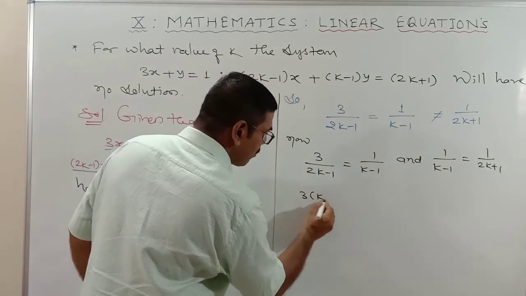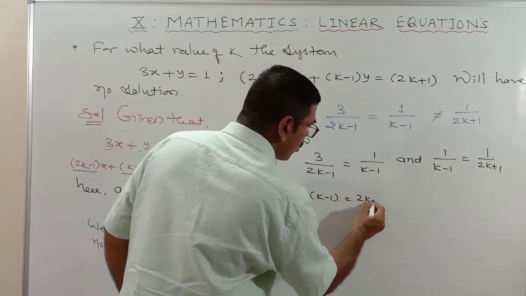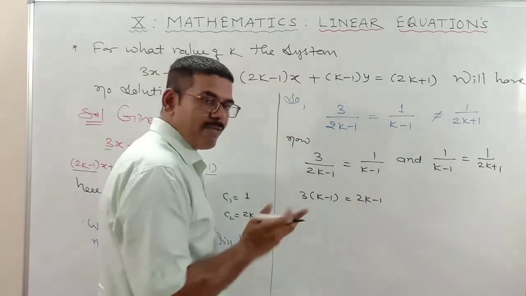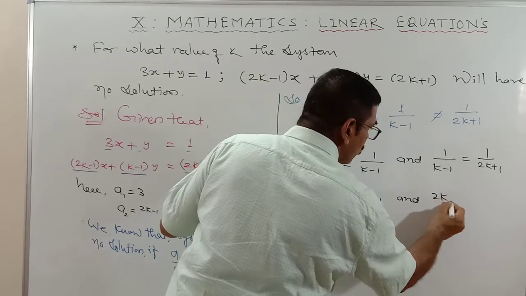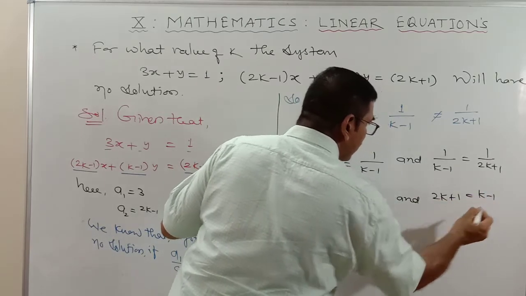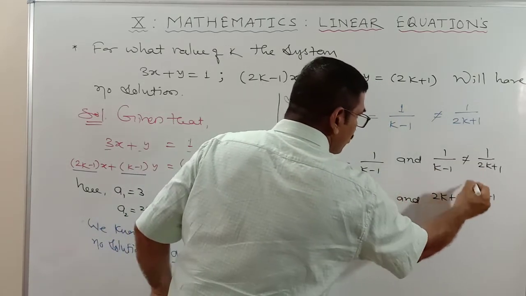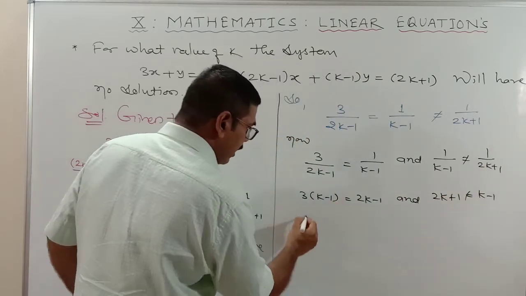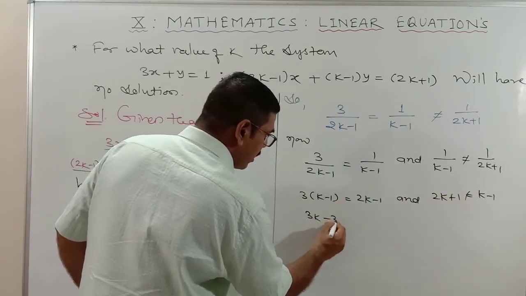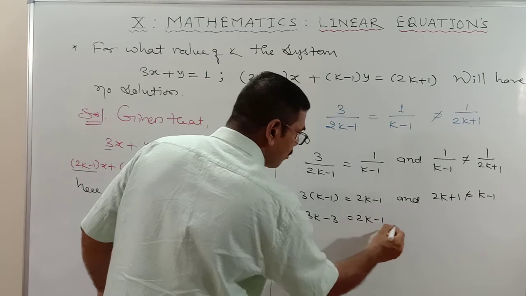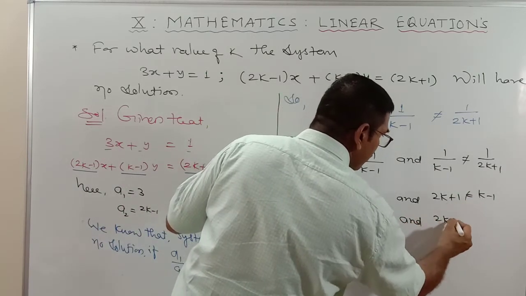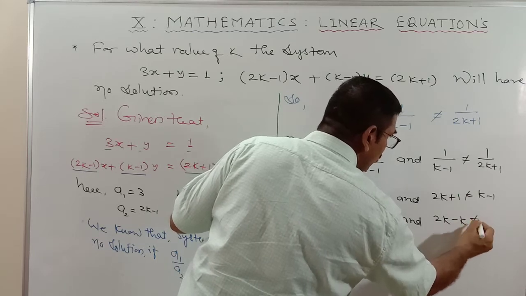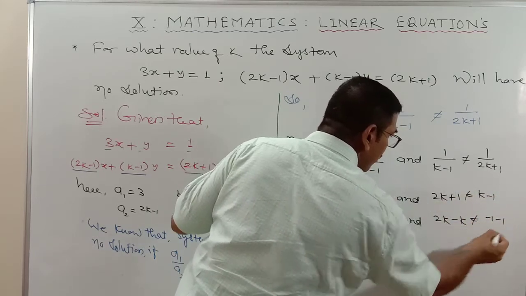So 3 multiplied by k minus 1 is equal to 2k minus 1 multiplied by 1, and here 2k plus 1 is not equal to k minus 1. So here 3k minus 3 is equal to 2k minus 1, and here 2k minus k is not equal to minus 1 minus 1.